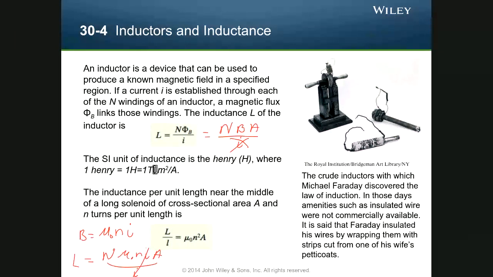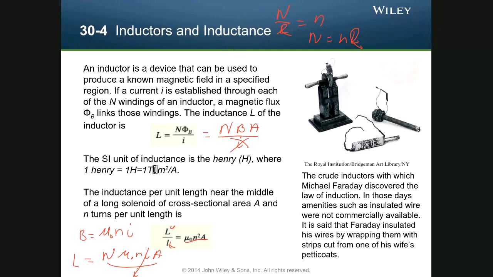Now, if you recall, B equals mu naught n I, so n is turns per length. Now, if we plug this in here, we can say that N, big N, is equal to n times l, or I have to use a different l, right? Because our big L is now inductance. So I can do that, and I can solve for inductance over length is equal to mu naught n squared A. That's where you get that from.